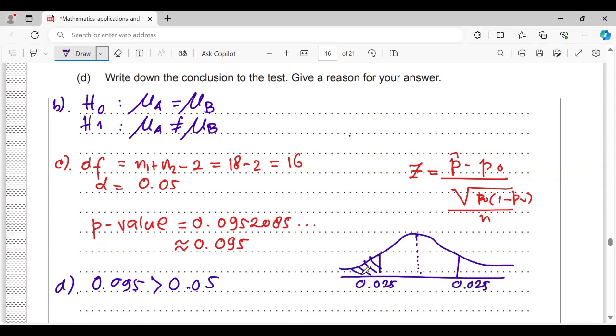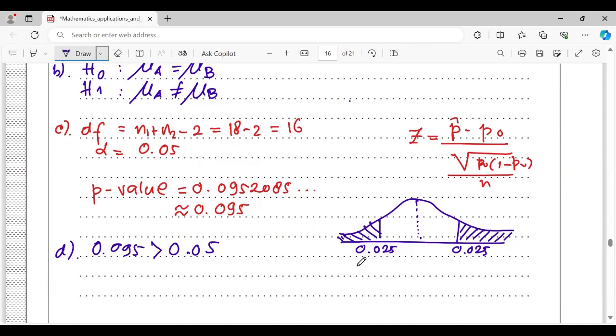This is the area, but later I will create an explanation video about this. So what happens if 0.095 is greater than 0.05?